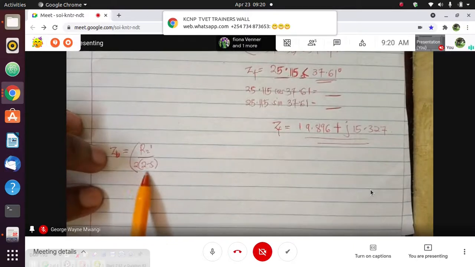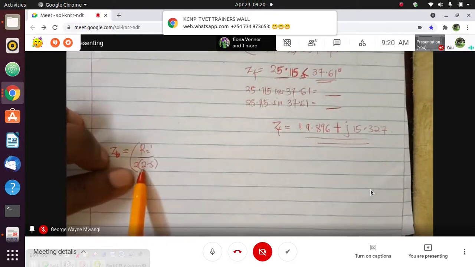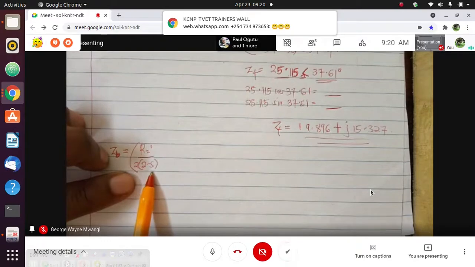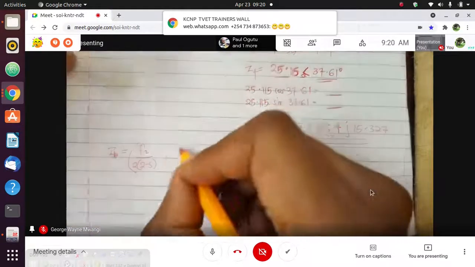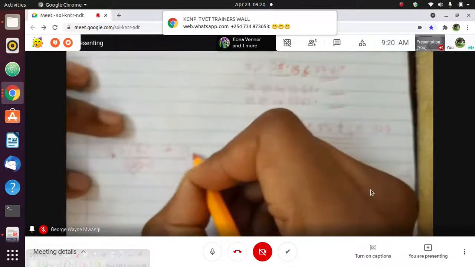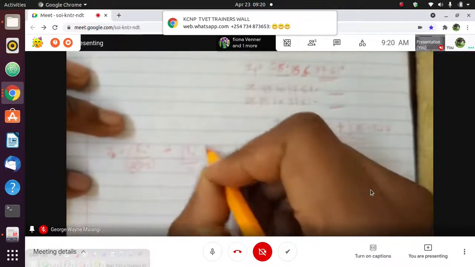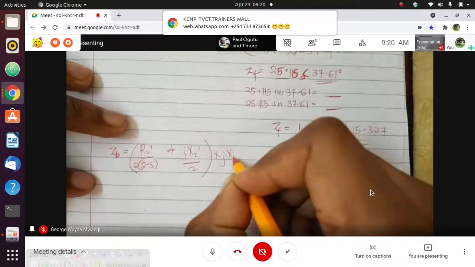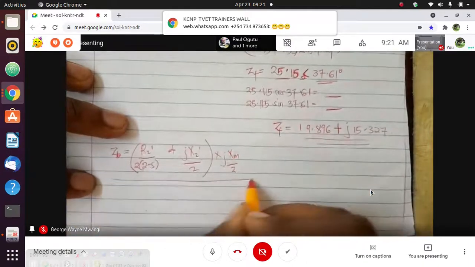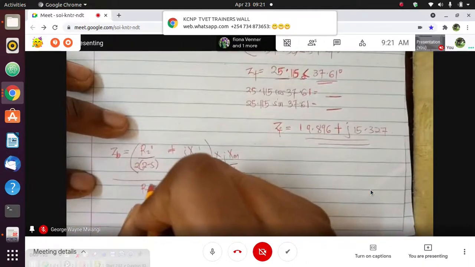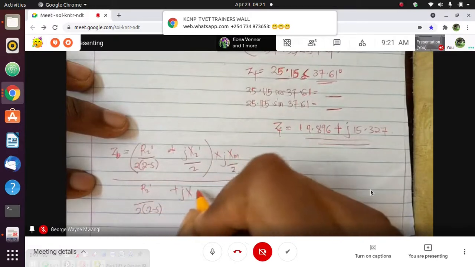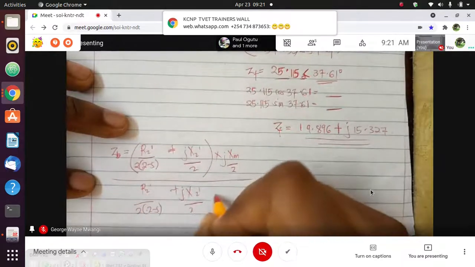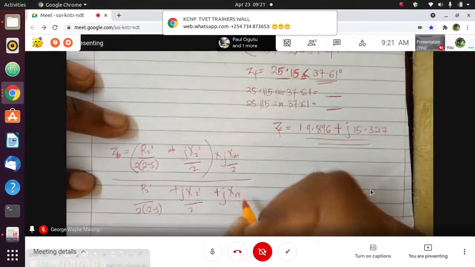The slip due to the backward moving flux is 2 minus S, and the slip due to the forward moving flux is just S. Now this plus JX2 over 2, times the magnetizing reactance over 2, over R2 over 2 minus S plus JX2 over 2 plus JXm over 2.